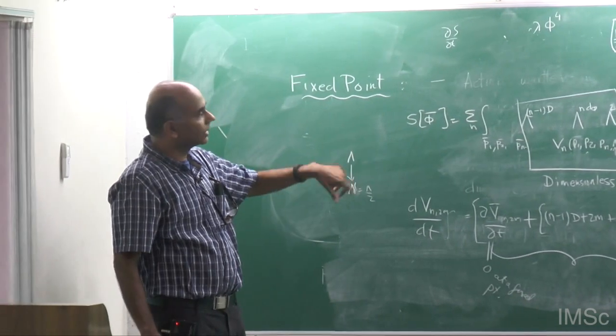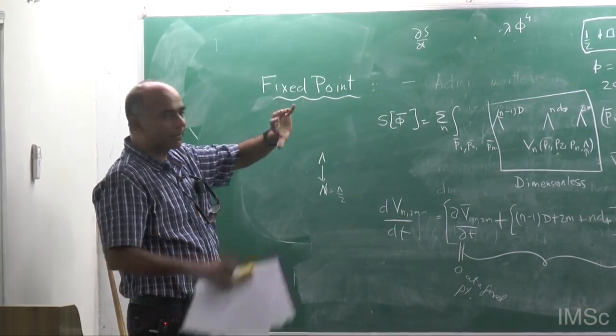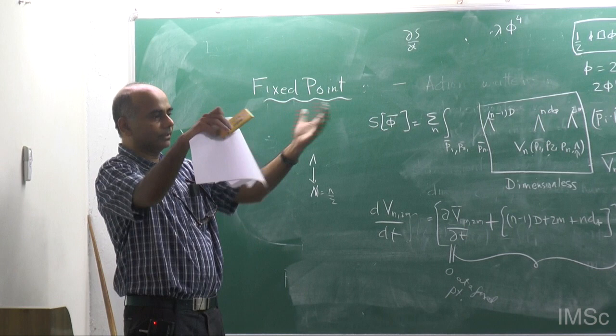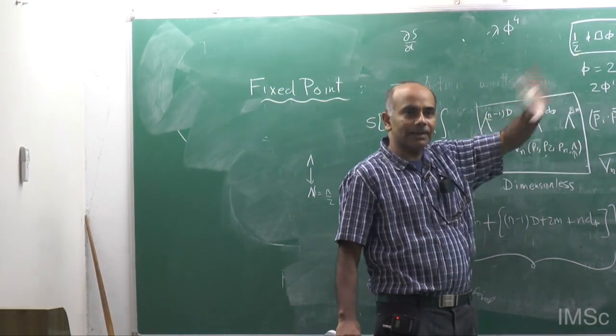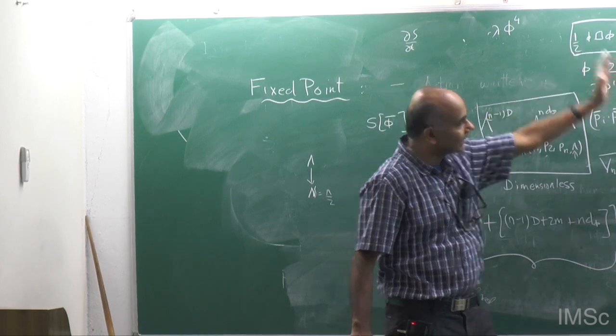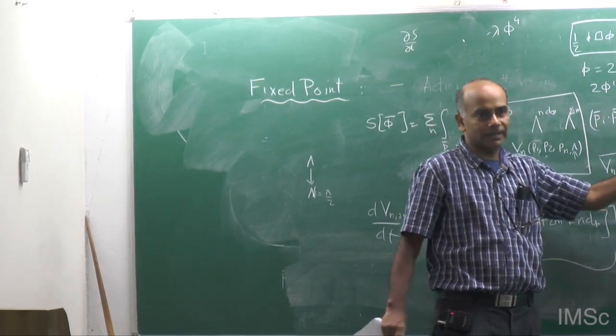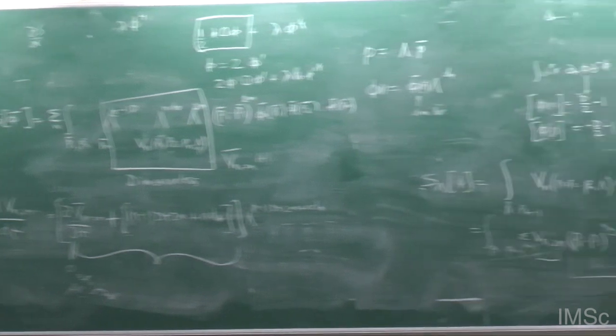So you have to ensure that you're comparing two actions after the renormalization with the same kinetic term, all in dimensionless units, and then compare the rest of the coupling constants. And then it should not change.